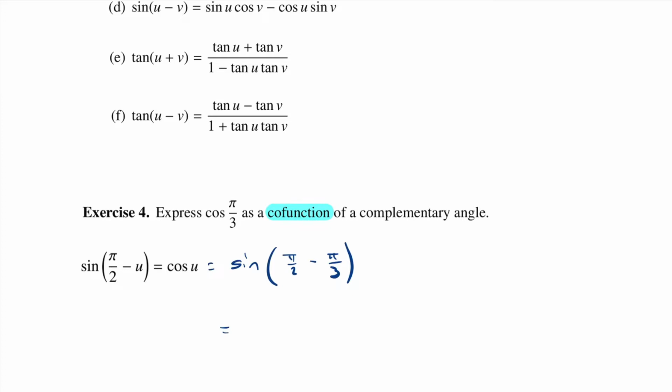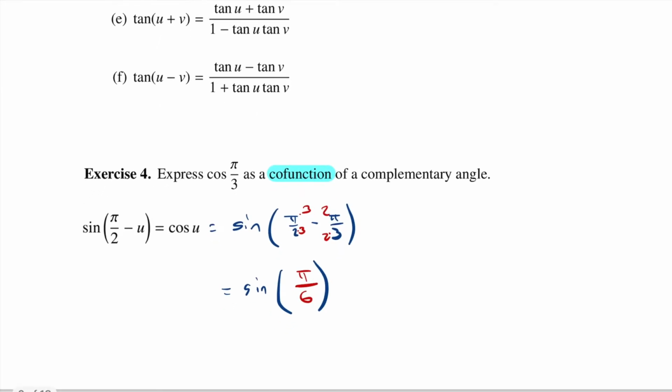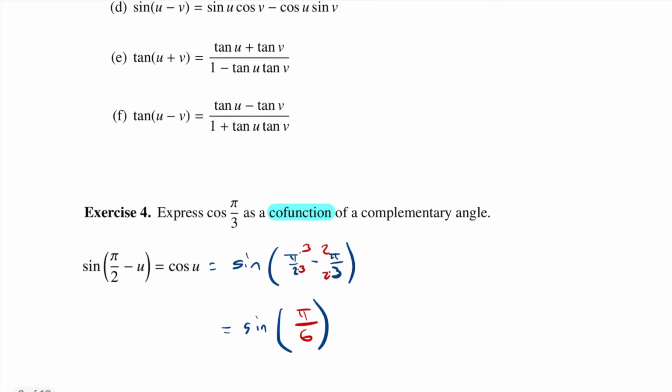The common denominator would be 6, so we multiply top and bottom by 3 here and top and bottom by 2 here, and you get 3 pi minus 2 pi over 6, which is pi over 6, and that is our final answer. So we've expressed cosine of pi over 3 as a cofunction of a complementary angle, and that is it.